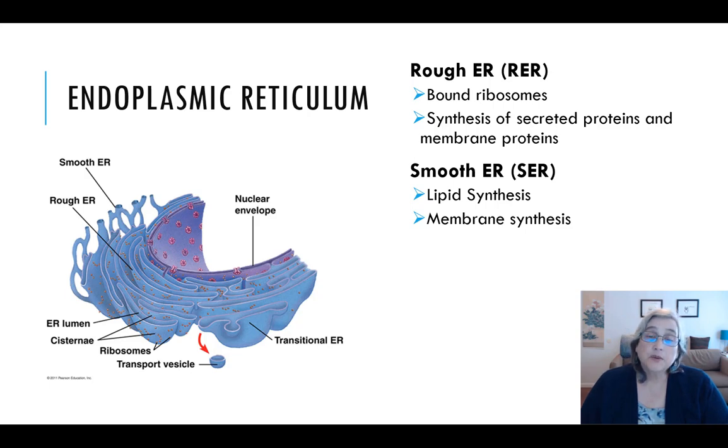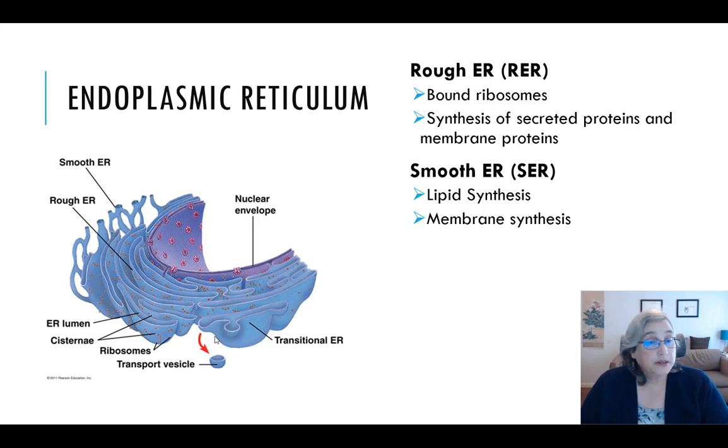The rough endoplasmic reticulum is specialized for synthesizing secreted proteins and membrane proteins, and the smooth endoplasmic reticulum is specialized for lipid synthesis and membrane synthesis. But both parts are involved in synthesizing macromolecules.